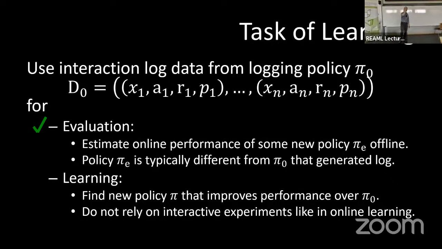We want to find the best policy that is ideally a lot better than the policy that collected the data, that pi null. And we don't want to do online learning, right? We don't want to go out again and collect new data and interact with the user. There's a whole bunch of risks and issues with that.